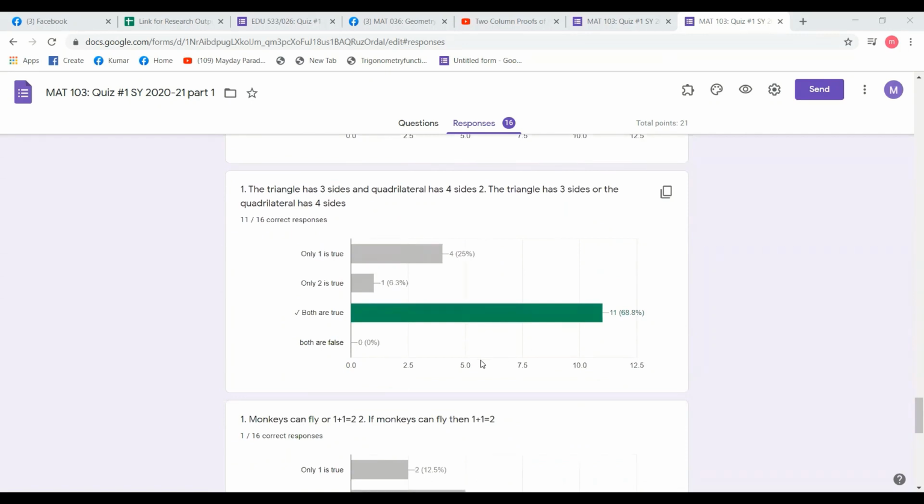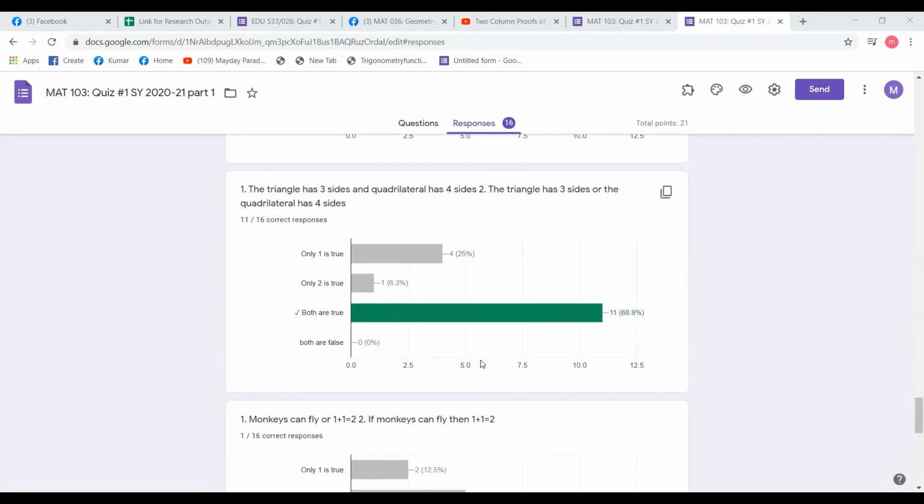Okay, let's have item number two. It says here: a triangle has three sides and a quadrilateral has four sides. And number two: the triangle has three sides or the quadrilateral has four sides.